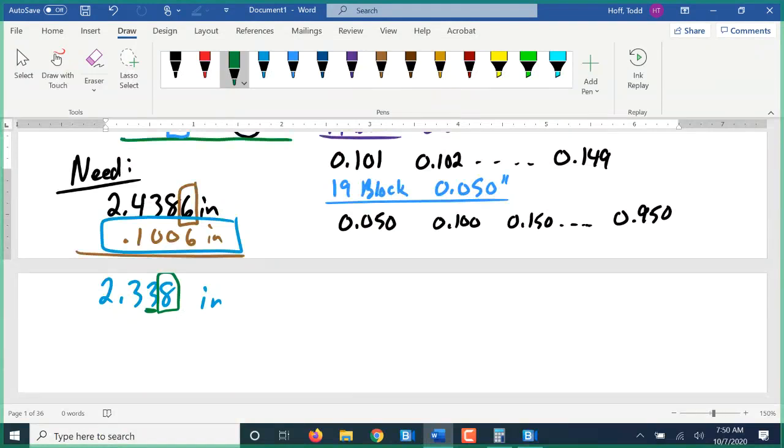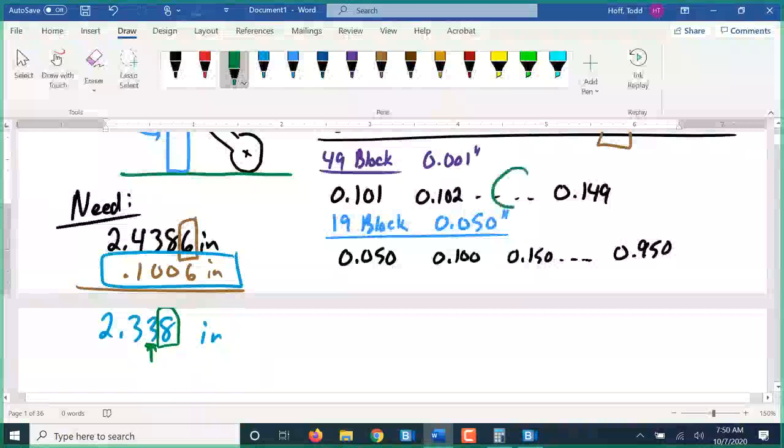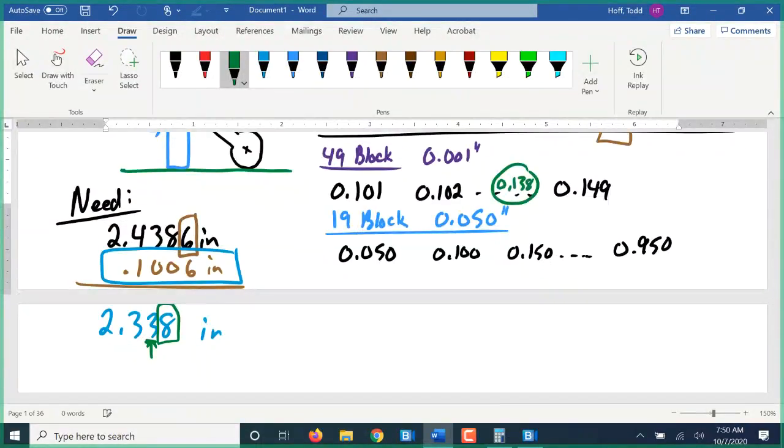If that were 5 or larger, we would try to bring it down to 5. But since it's smaller than 5, we're going to try to take this one down to 0. So what we're looking for is something that has 38 thousandths in it. Well, that's going to be in our 49 block series. There'll be a block here that's 0.138. So that's the block we're going to use.